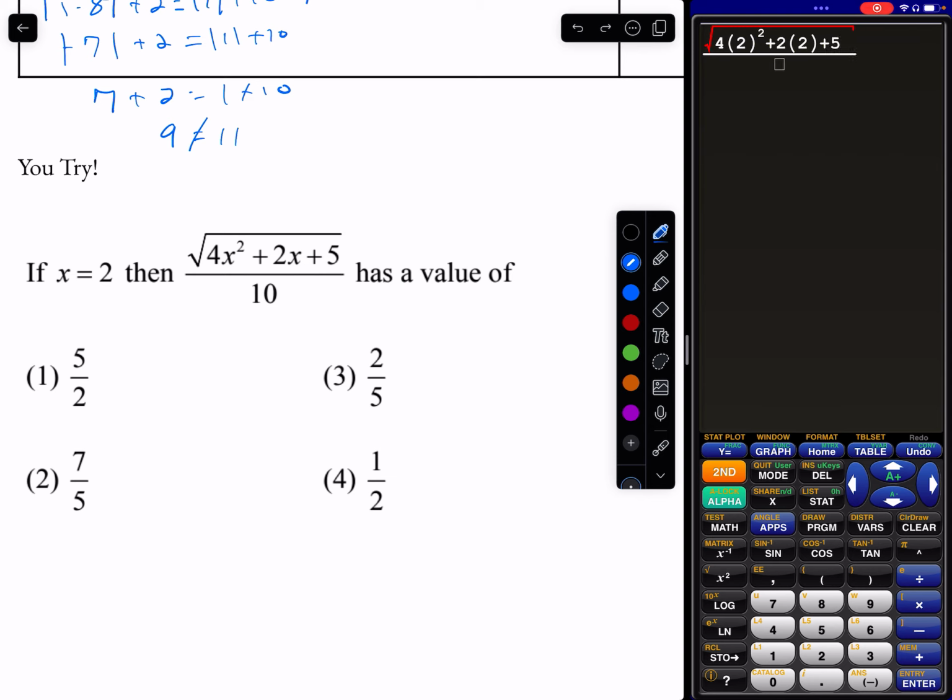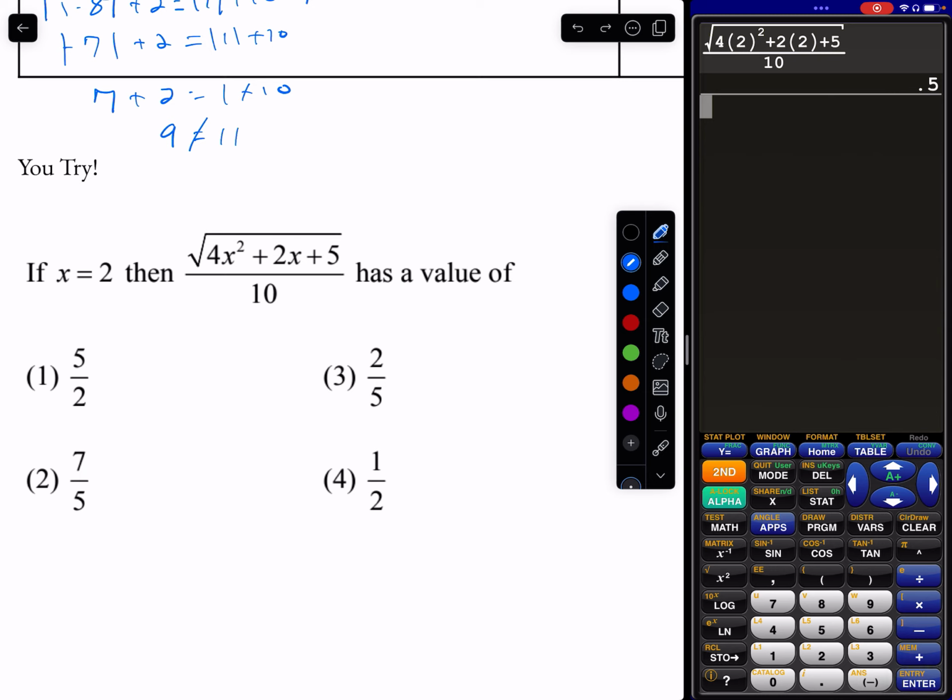Notice how everything is underneath the square root. In my calculator, it's colored, so my calculator is a little bit different. If I hit the right button, I come out of the square root, and if I hit the right button again, I'll go down to the denominator, and I'll type in the number 10. So now it's exactly what we want. We hit enter, and we get 0.5.